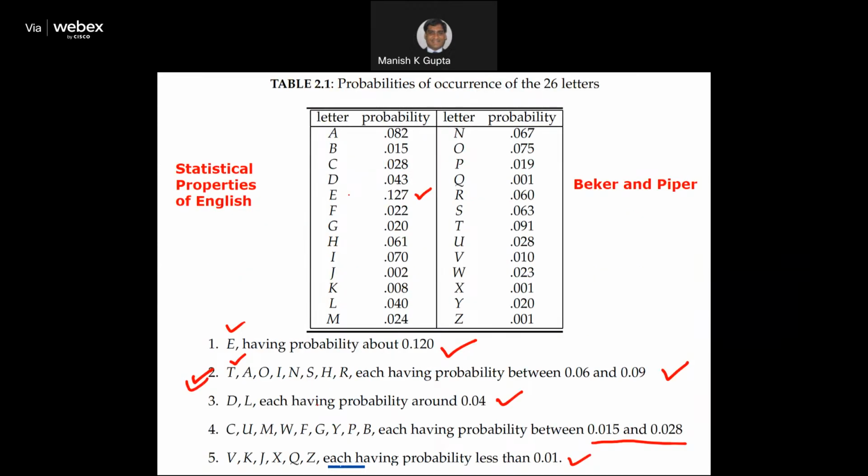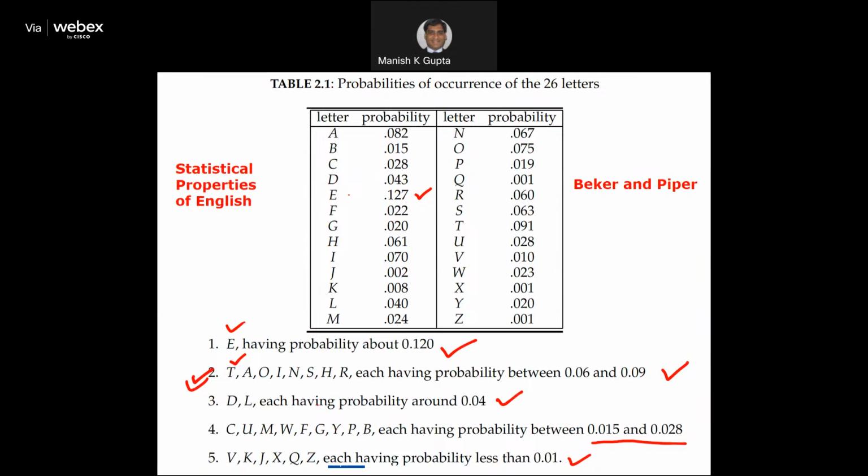So again, recalling the statistical properties of the English, this table is going to be very important. Okay, so the Beker and Piper table. Essentially, these 5 observations are heavily used. Like E is having the highest probability.